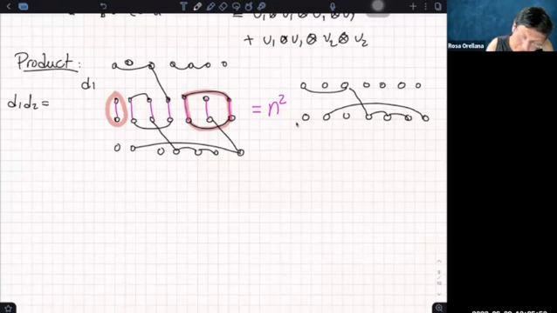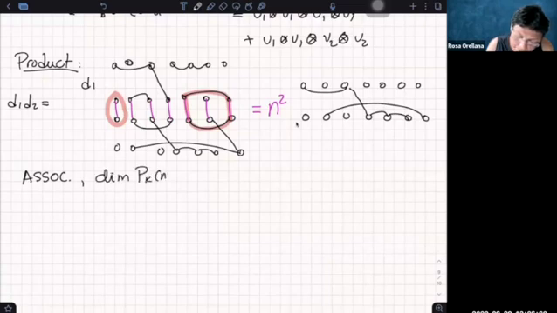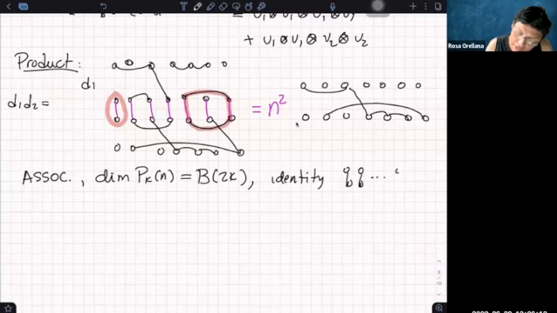It is associative. Its dimension is the Bell number, B2K. It has an identity, which is just the one that connects everything like that. And it satisfies all the conditions.